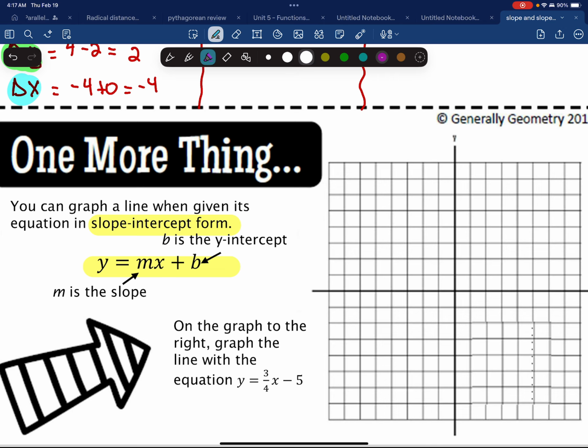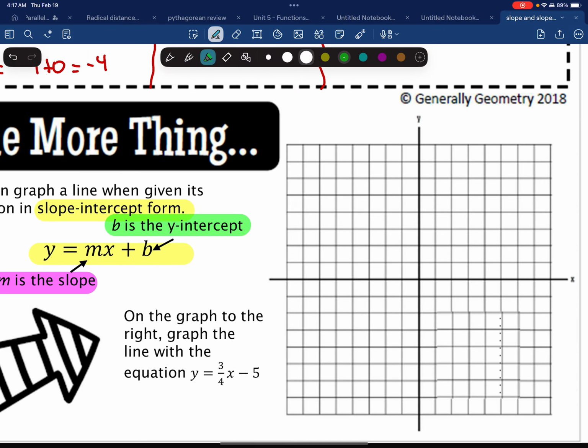You need to be able to identify the slope. Remember, that's part of our objective. The slope is the coefficient in front of the x, and the constant is going to be your y-intercept. Now, this is actually very, very useful. Why? Let me show you.